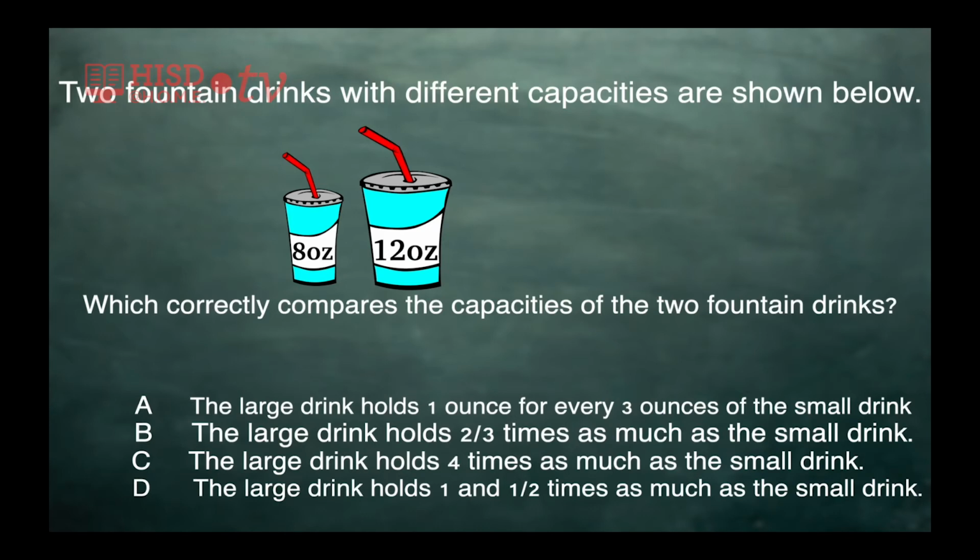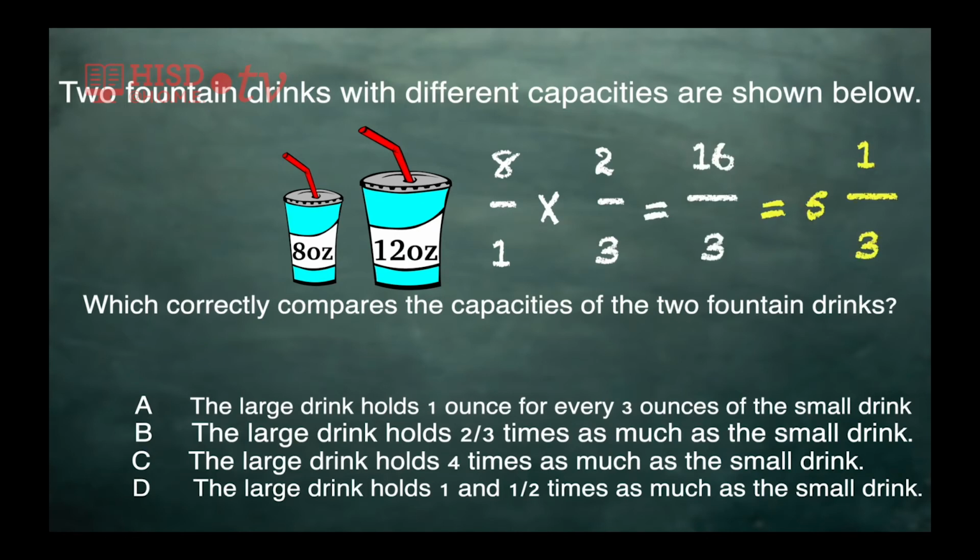Let's look at B. The large drink holds 2/3 times as much as the small drink. So I know I have to multiply 2/3 times 8 over 1. And when I do so, I get 16 over 3, which gives me a mixed number 5 1/3. So that wouldn't be correct.